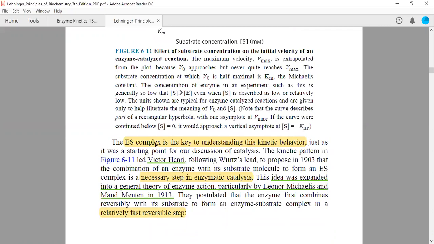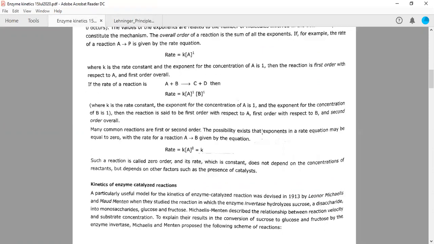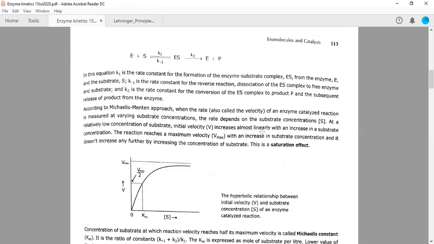As you know, and if you read it from the Pathfinder, this equation is shown like this. This is a very simple equation here. So the enzyme and substrate are binding together.